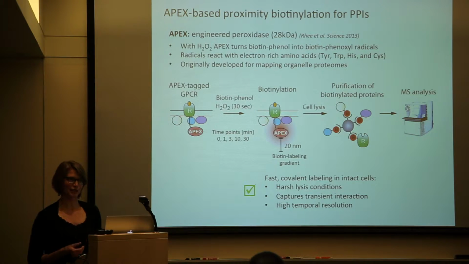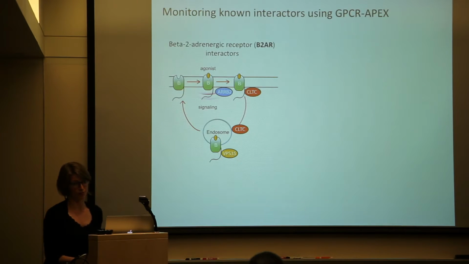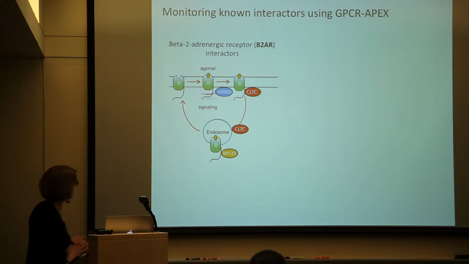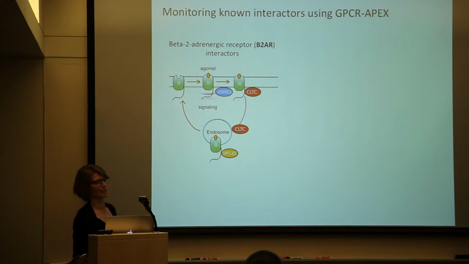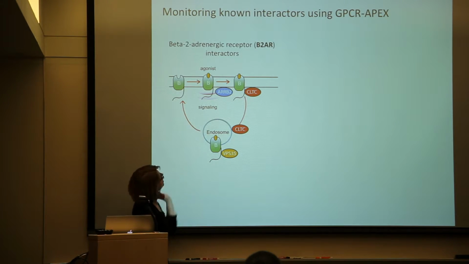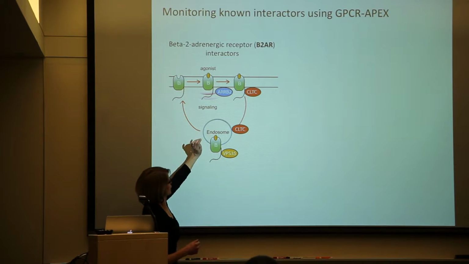Now, obviously, the first question that we wanted to ask is, can we monitor known interactions of GPCRs using this approach? We chose a very well-characterized receptor, the beta-2 adrenergic receptor. For this receptor, we know interactors at specific activity stages. Arrestin interacts early on, after G protein signaling, before or during endocytosis.